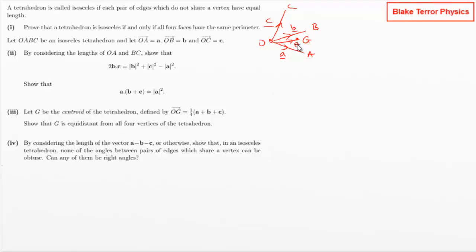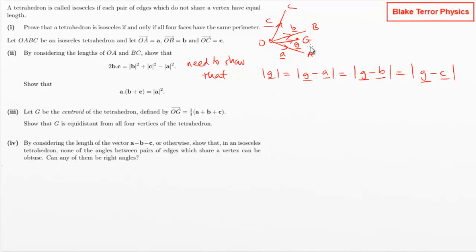Let's call that G. Then we've got it equal to that, so I need to show that G is equidistant from all four vertices, so I need to show that mod g is equal to that distance there. From A that's going to be g minus a, from B it will be g minus b, and from C it will be g minus c.